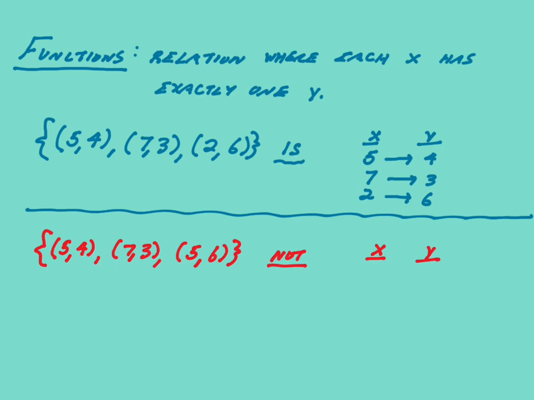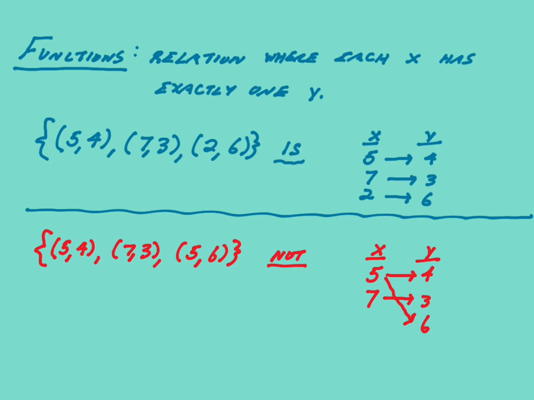If I make the mapping for this, and if I list the x's, I only have 2 of them, 5 and 7. And then 4, 3, and 6. 5 matches with 4. 7 matches with 3, but we see that 5 also matches with 6. And that can't happen to be a function. If we put an x value into a function, we should only get one y value. Otherwise, it's not a function.